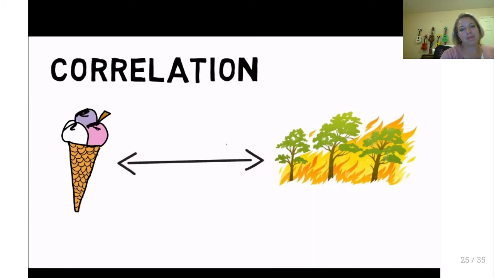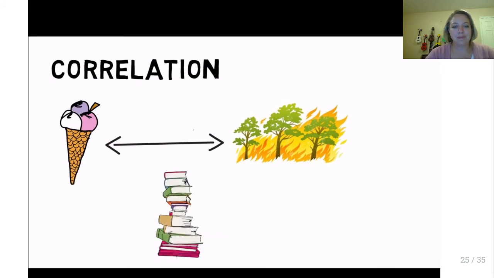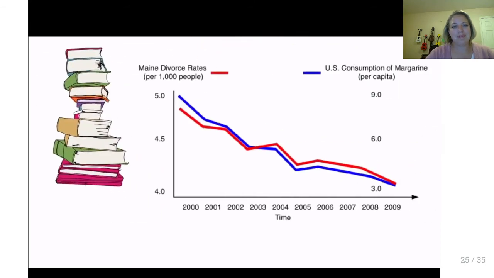Correlation is when two things are related, but one does not cause the other. Usually this means the two are in some way related to a third factor, but not always. If you have a big enough pile of data, you can find plenty of relationships that are purely coincidental, like the strong relationship between the sale of margarine and divorce rates in the state of Maine.